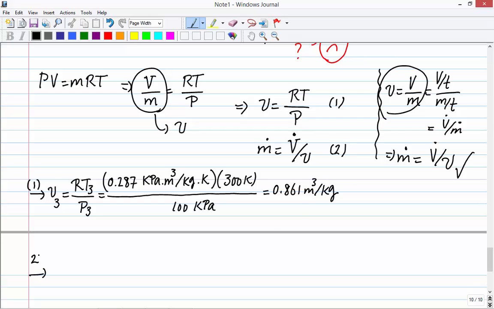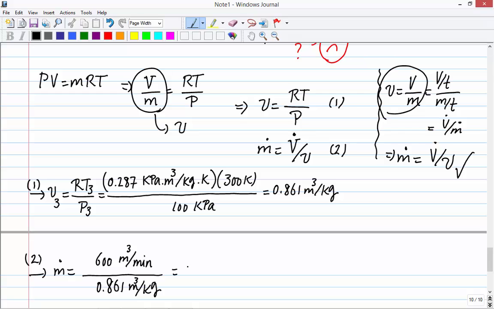And equation 2 tells us that m dot equals v dot, which is given as 600 meters cubed per minute, divided by this little v that I just found for ideal gas, for air.